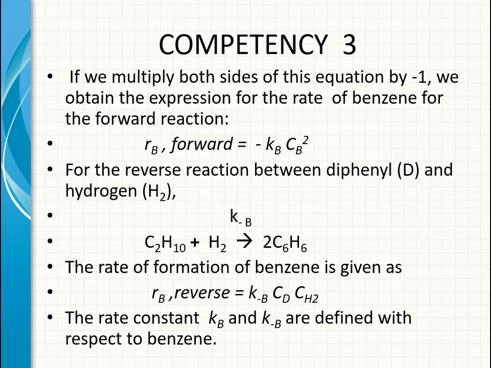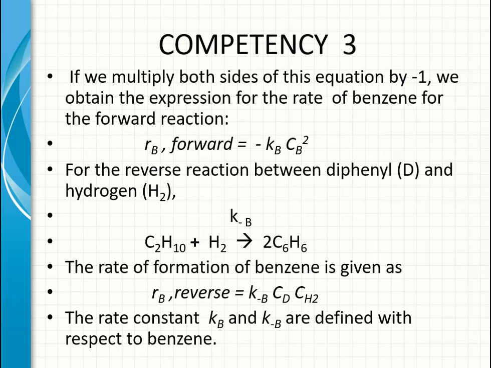And for the reverse reaction between diphenyl D and hydrogen H2, we will have that 1 molecule of diphenyl plus 1 molecule of hydrogen will give us 2 molecules of benzene, and the rate constant will be K minus B. So the rate of formation of benzene is given as Rb reverse equal to K minus B times the concentration of D times the concentration of H2.